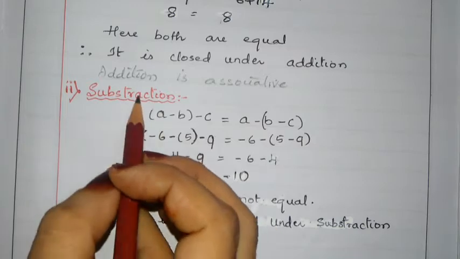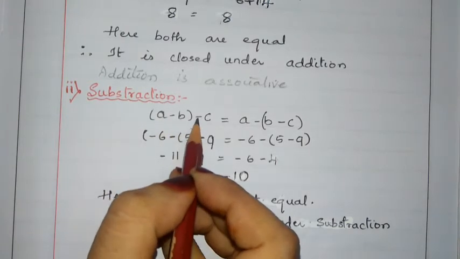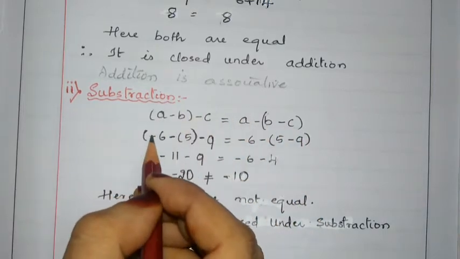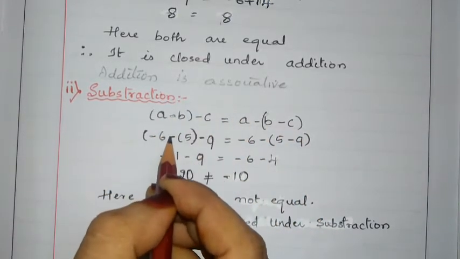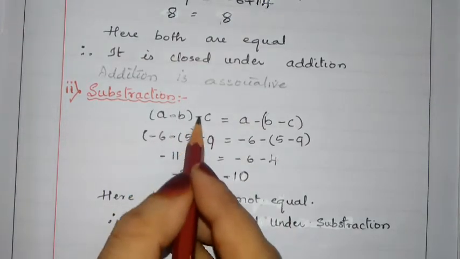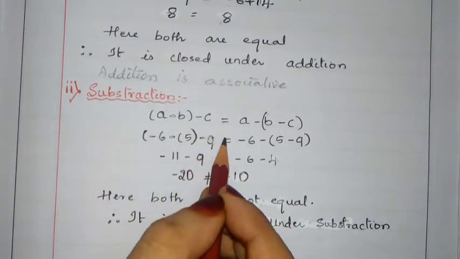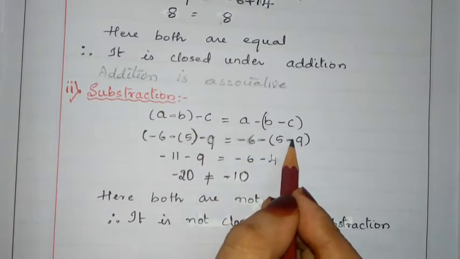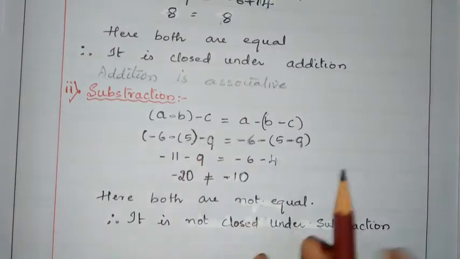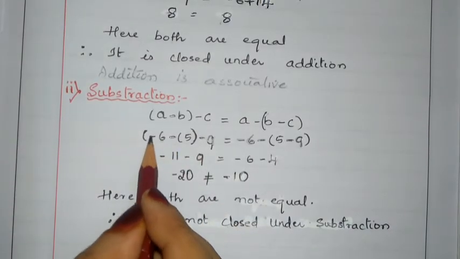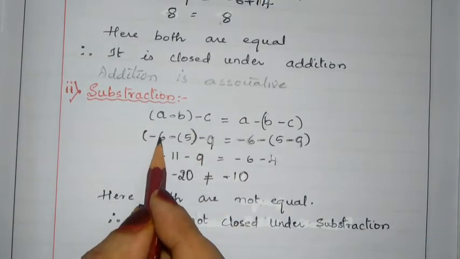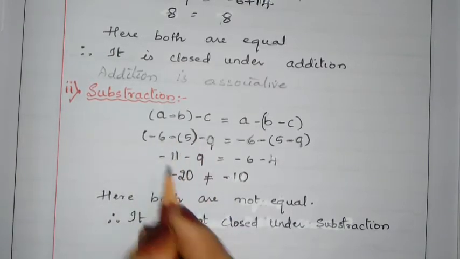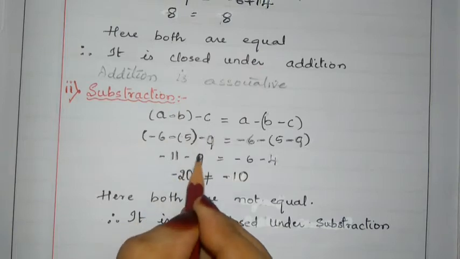Let us check for subtraction. (A minus B) minus C is equal to A minus (B minus C). A value -6, minus sign as it is, B value 5, minus sign as it is, 9, is equal to A value -6 minus (B value 5 minus C value 9), the formula as it is. -6 minus 5: minus, we have to do plus, so 6 plus 5 is 11, but the sign should be minus, so -11, then minus 9 as it is.